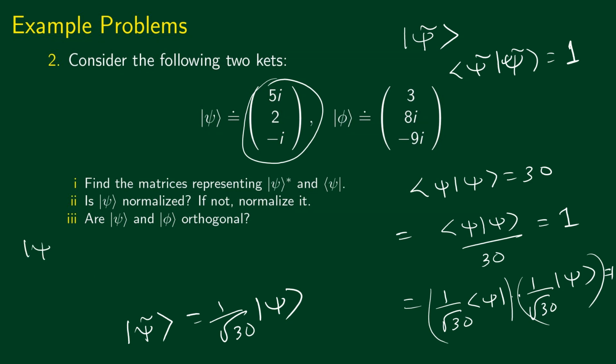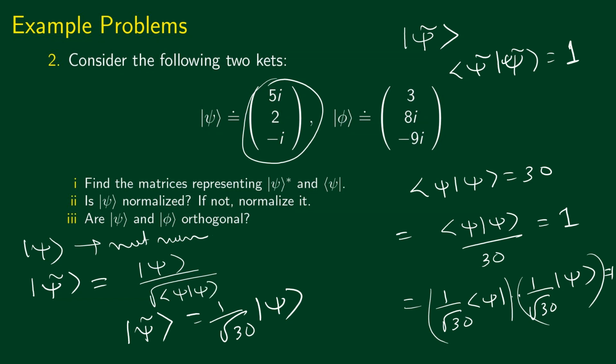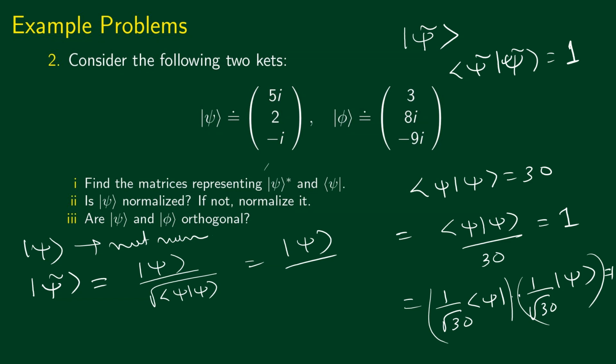If psi is not normalized, I can define a normalized ket psi tilde, equal to ket psi divided by square root of bra psi ket psi. We saw that bra psi ket psi is 30, so this gives ket psi divided by square root of 30. This now is a normalized state.